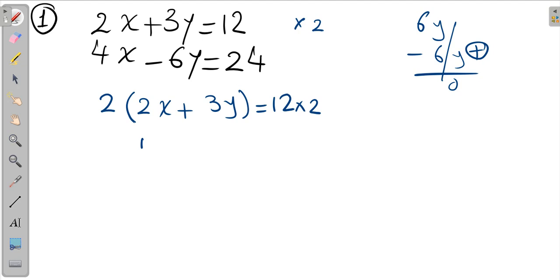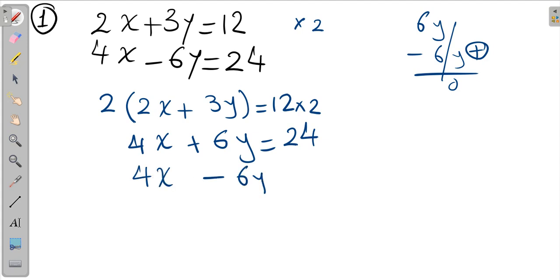So we have 2 times 2 equal 4, 4x plus 2 times 3 equals 6, 6y equal 12 times 2 equal 24. And write down the second equation.